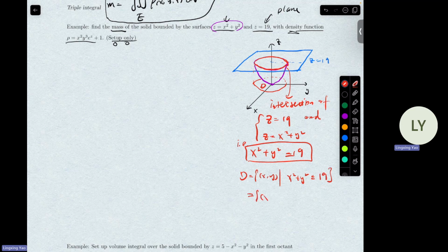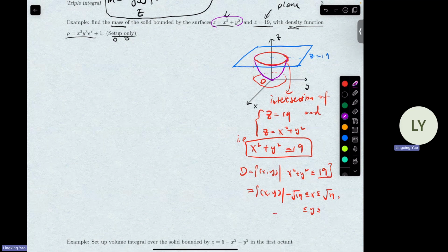We can also write it as, because this radius is square root 19, x will be bounded by this radius, negative and positive, and y will be bounded by, well, this is a circle. We can solve y from this circle equation, which is y equals plus or minus the square root of 19 minus x squared, right?